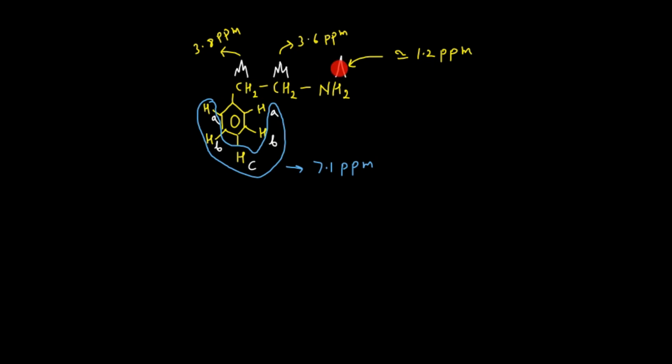This singlet is due to the NH, so you can say two hydrogens are there. Please remember, it is very important: the signal is very broad due to rapid exchange or the quadrupole broadening from the nitrogen atom. So this is the most probable structure for this particular compound. I hope you understood the problem.